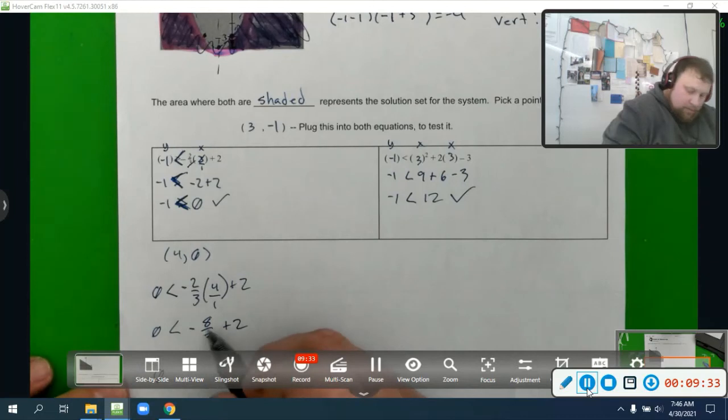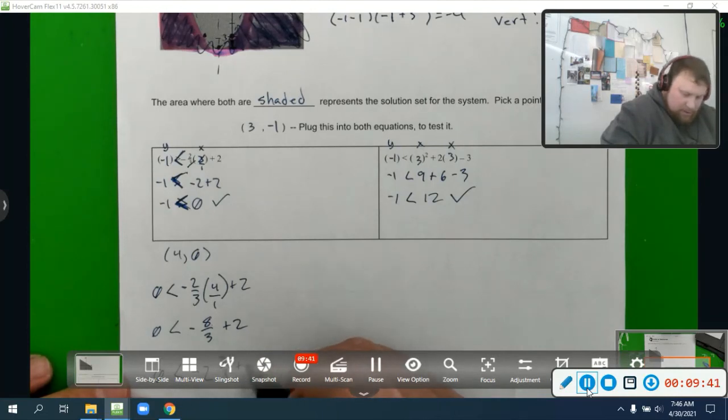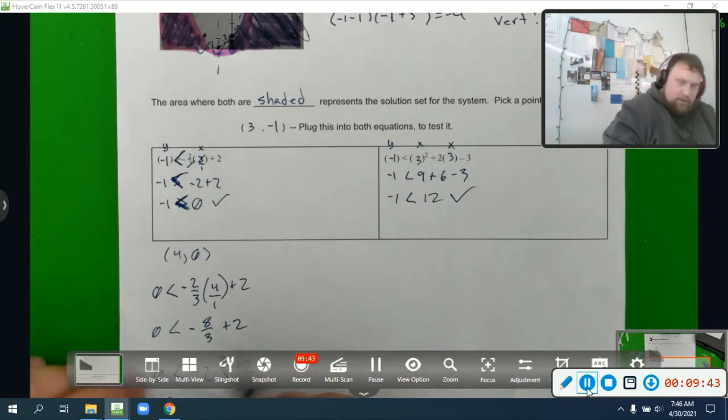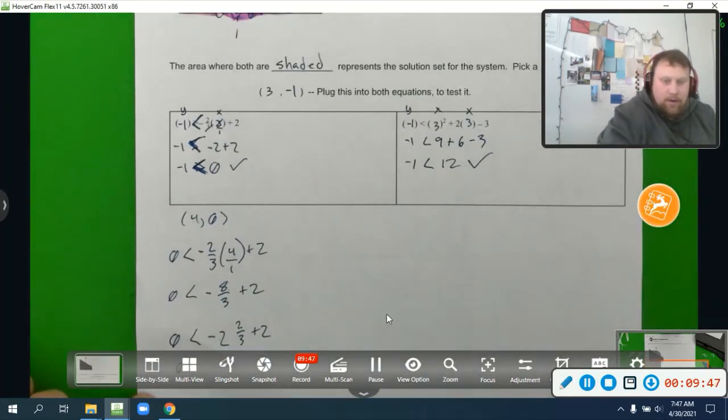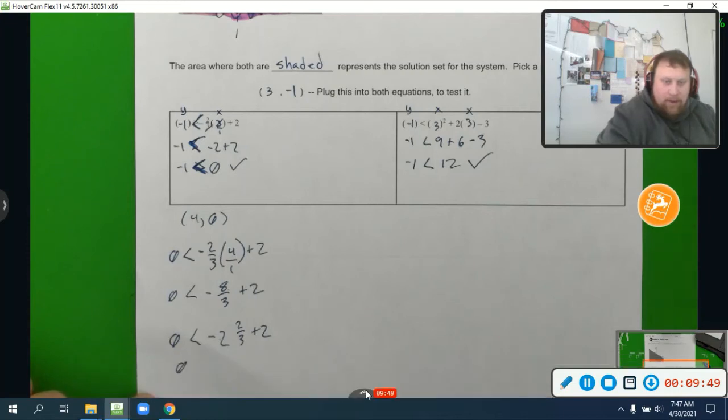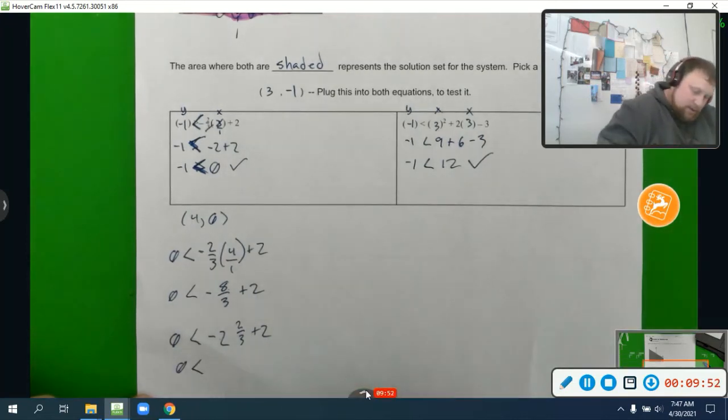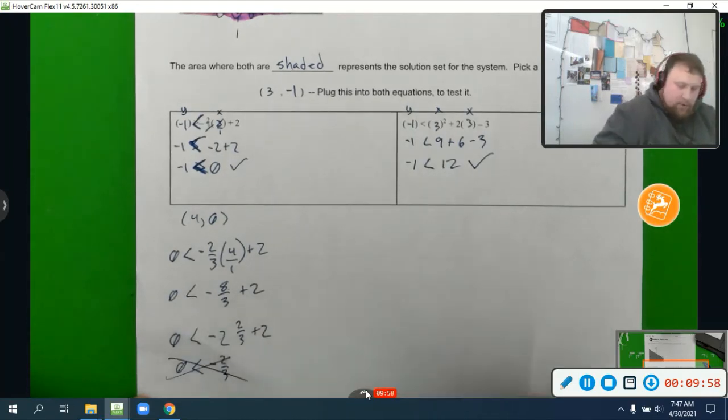You can't see this. Let me scroll up. Move this out of the way. 0 is less than -2/3. Is 0 less than -2/3? Nope, so it doesn't work for that one.